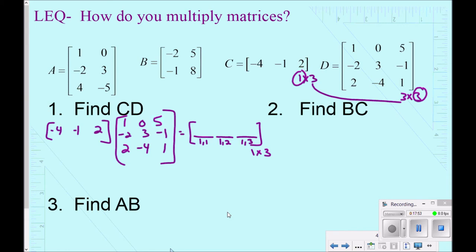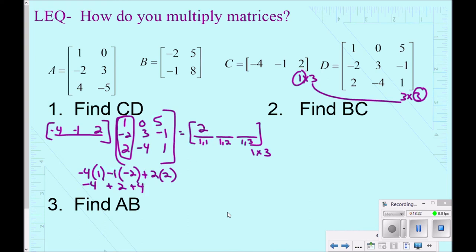Okay, so I'm going to go ahead and begin by multiplying the first row, which is the entire matrix, times the first column. So I have -4 times 1, -1 times -2, and +2 times 2. So that gives me -4 plus 2 plus 4, which equals 2.